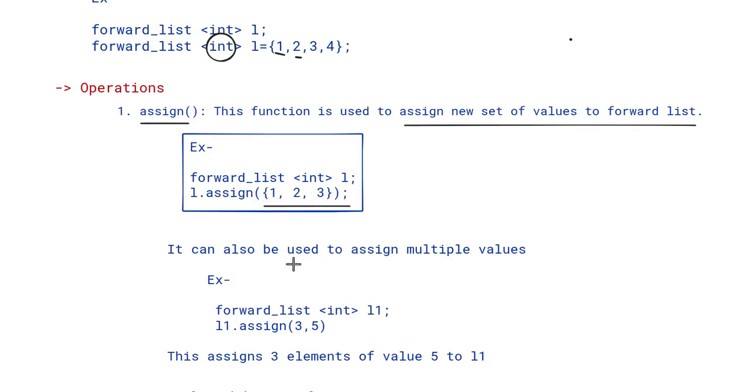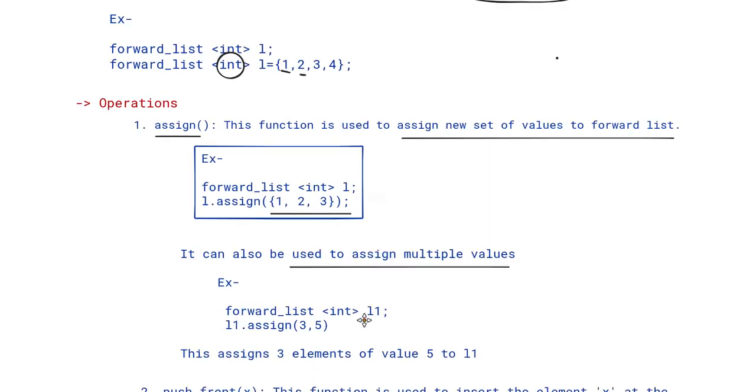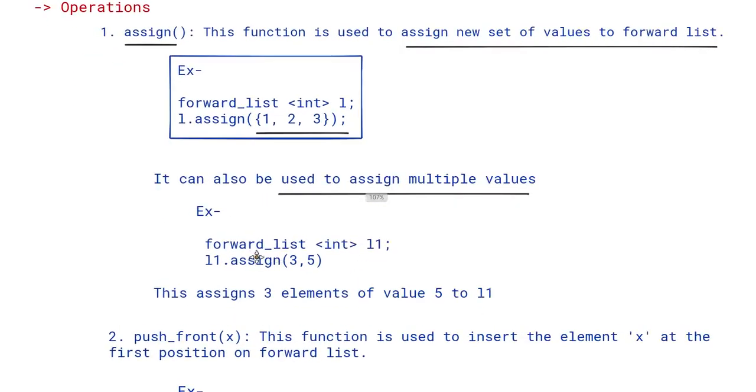It can also be used to assign multiple copies of a value. If you have a forward list which is empty, now you can assign something like l1.assign(3, 5). What it will do is create a forward list of 5 three times, 5 5 5 like this. Okay, cool, right? Yes, this is assign.